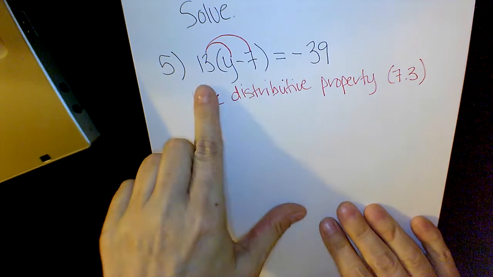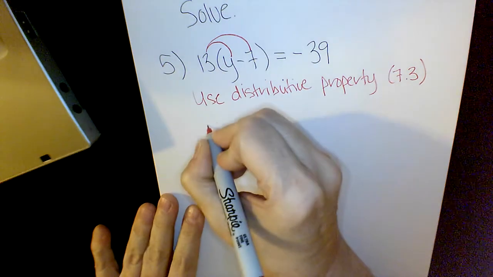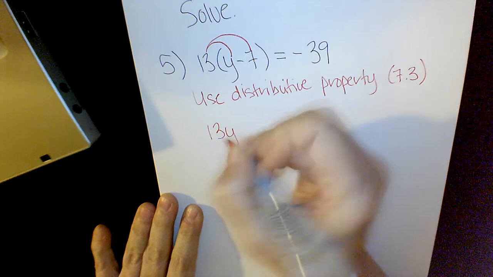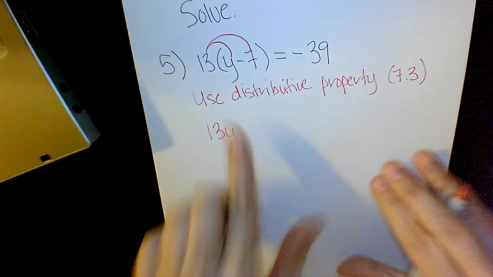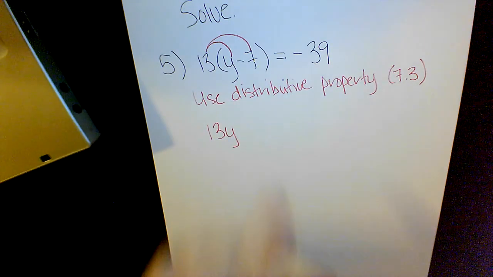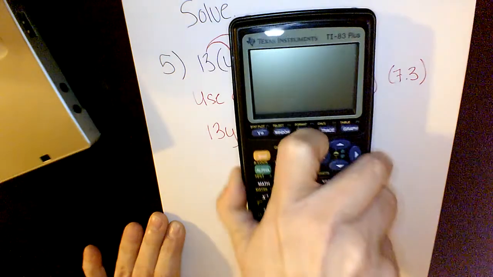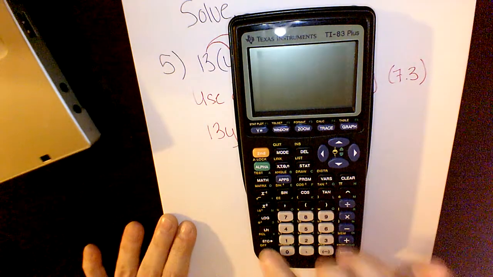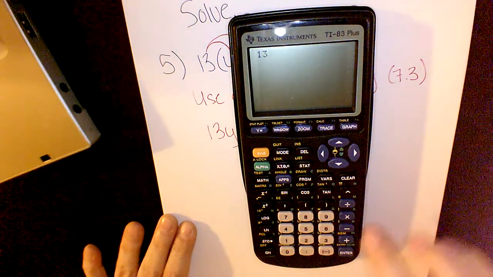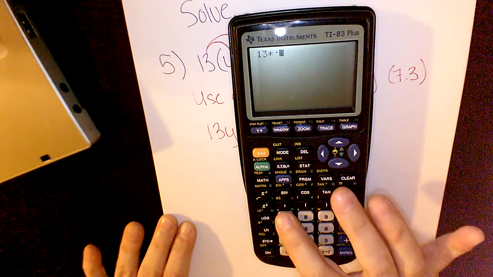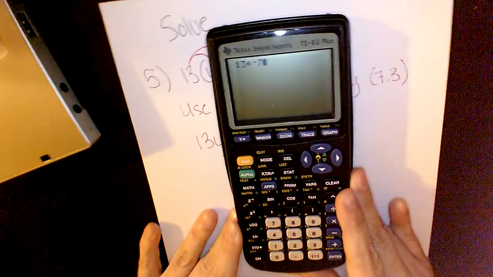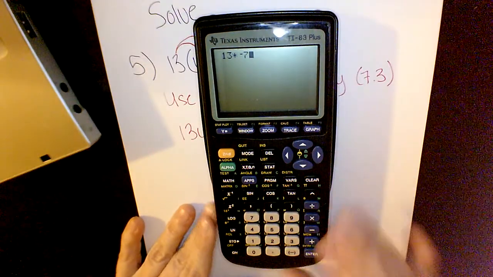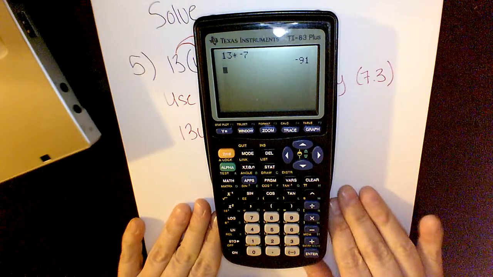So 13 times y is 13y, and 13 times -7. Let's see what that is. 13 times -7. Let's see. I get -91.